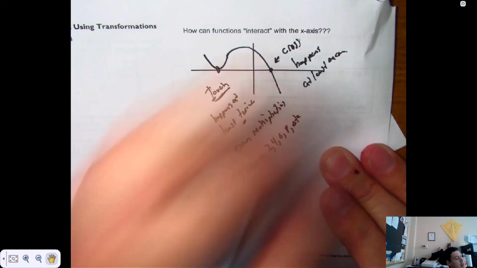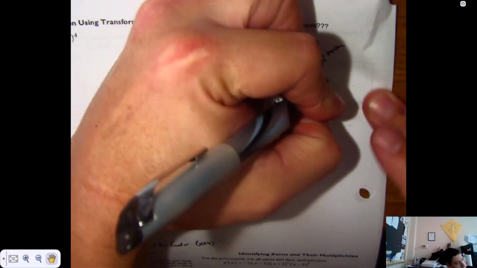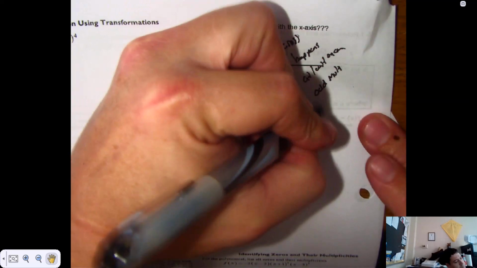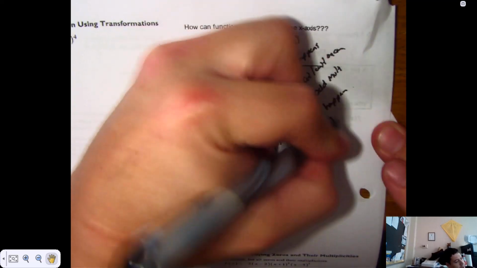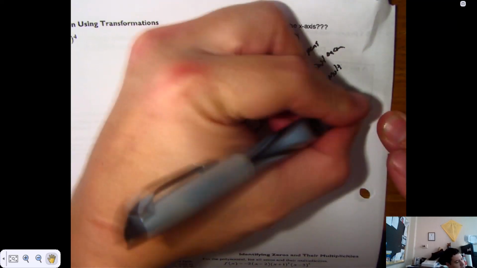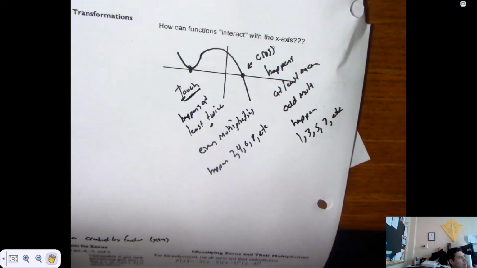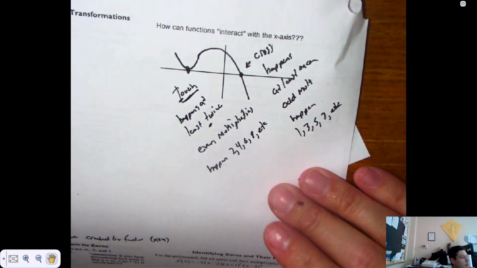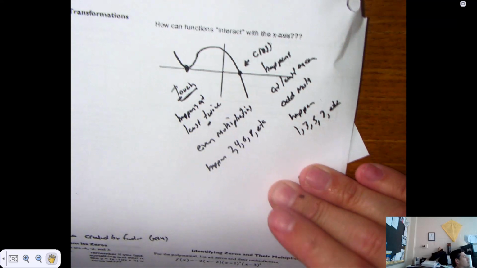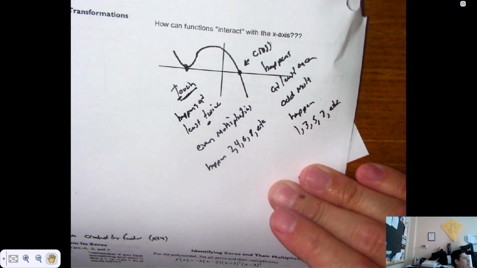Your crosses are your odd multiplicities. They happen 1, 3, 5, 7, etc. And that's the deal with crosses and touches and multiplicity.